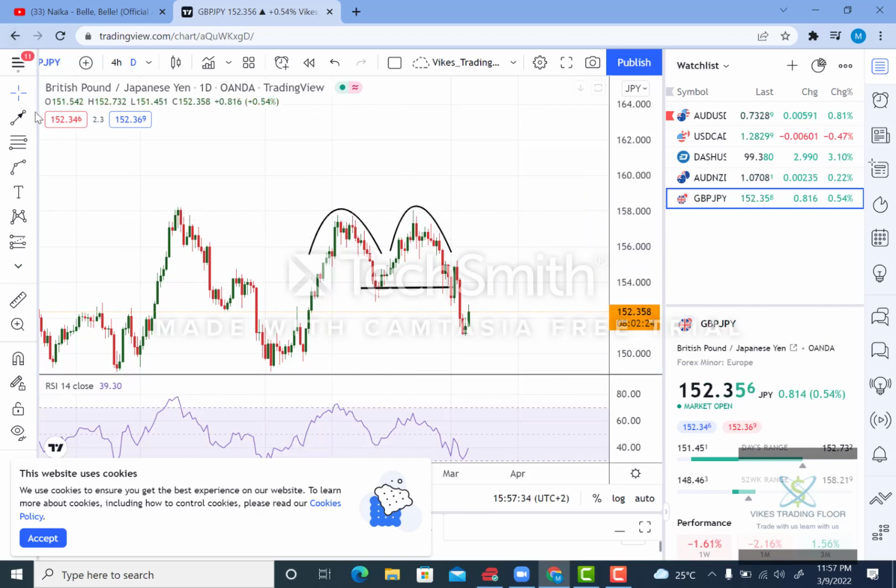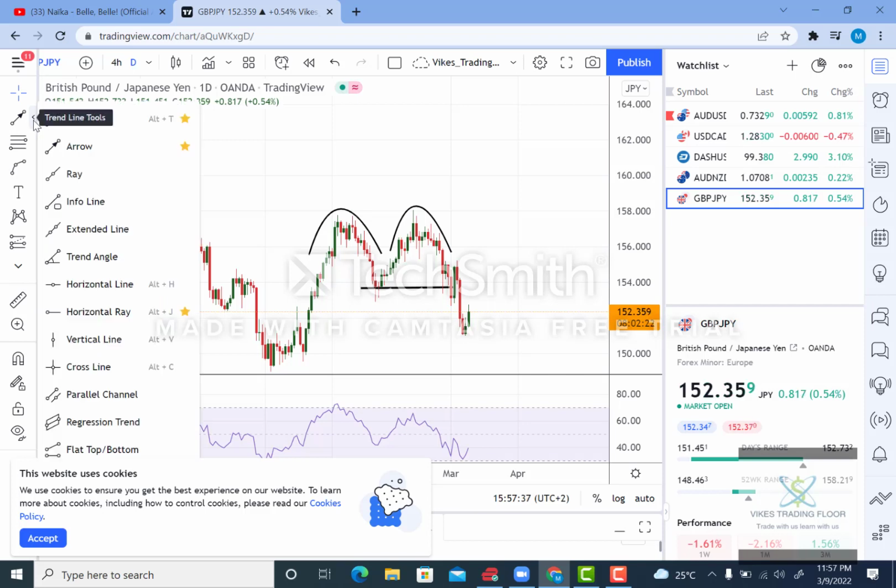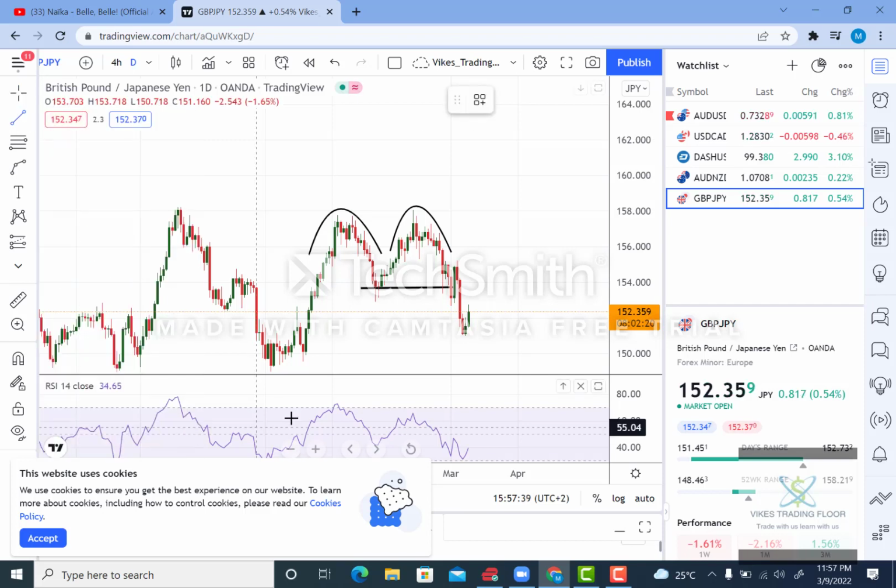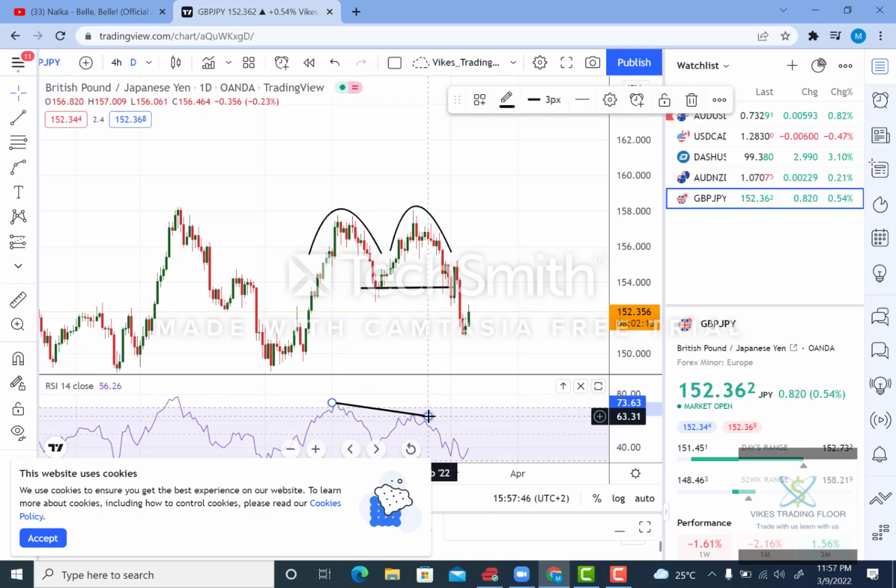but then when you look at the momentum indicators, in this example we're using RSI, you'll notice that there's a divergence of price and momentum, meaning that price made an equal high or a higher high, of which there was a slight spike above.